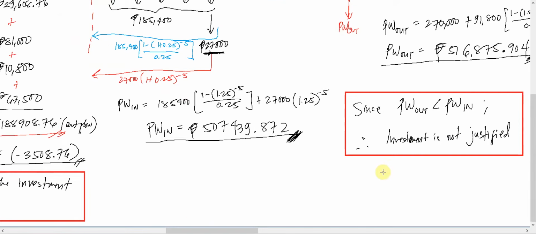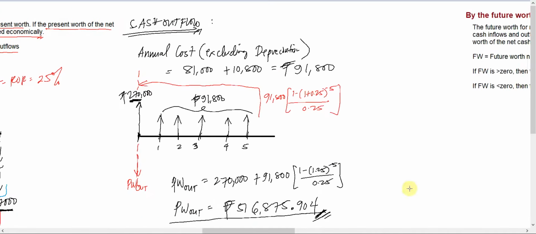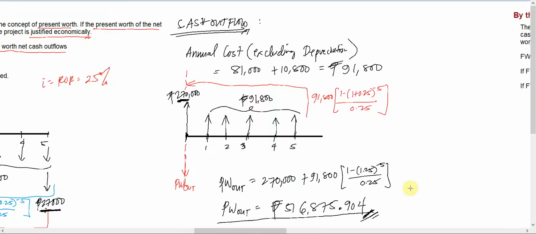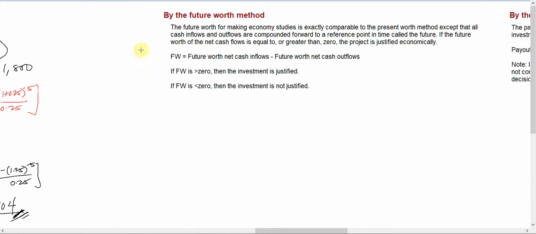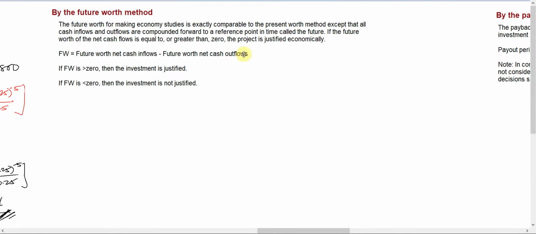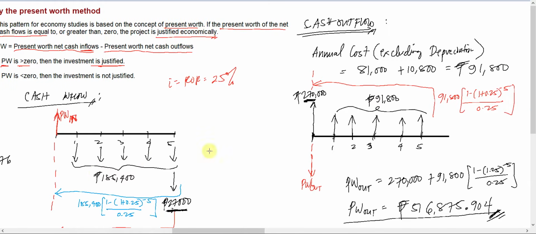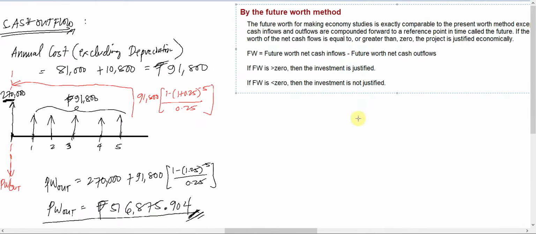Okay? So, proceed na tayo sa next method. Actually, almost same siya ng present worth method. Dito, future worth method. Meaning, future worth naman yung i-compare natin. Ganun lang din yung process. Kung dito sinolve natin is present worth, dito naman future worth ang isosolve natin para i-compare lang natin.